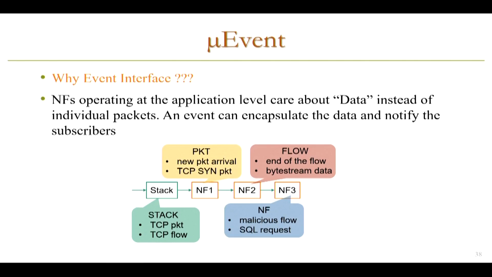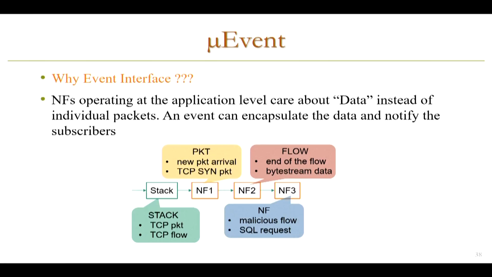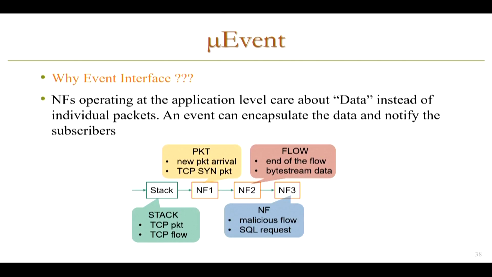A stack could produce a set of packet level and flow level events, and each NF may be interested in some of them. For example, NF1 wants to be notified when a TCP SYN packet arrives, while NF2 wants to get byte stream data. At the same time, an NF could also generate its own events, such as NF3 could publish an event when a flow is identified as malicious.